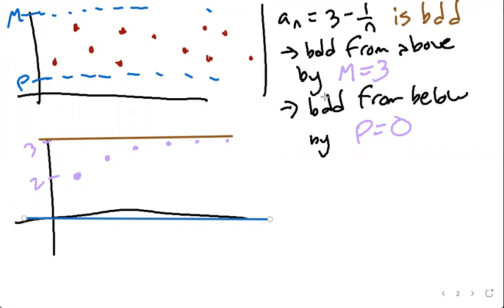Okay, the final thing I want to talk about in this video: how does boundedness play with convergent sequences? A sequence converging is basically the most important property a sequence can have.